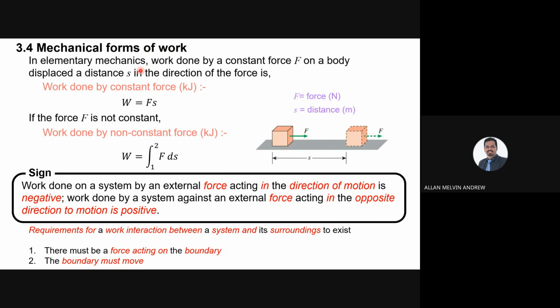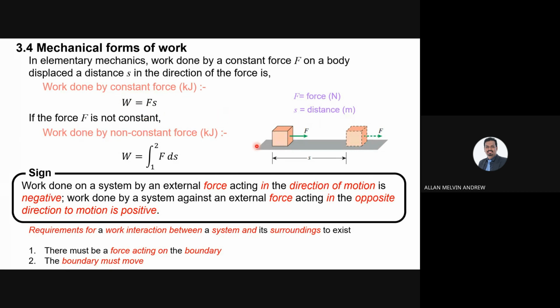In elementary mechanics, work done by a constant force F on a body that is displaced a distance s in the direction of the force is considered as work done. So the formula for work done is W equals Fs, where F is force and s is the distance.